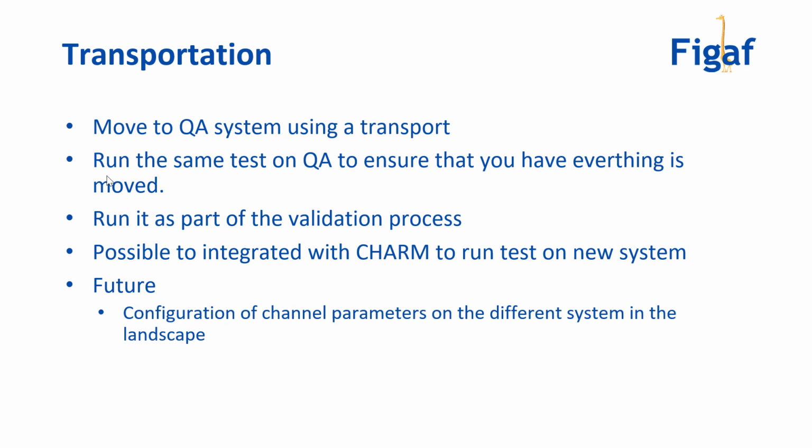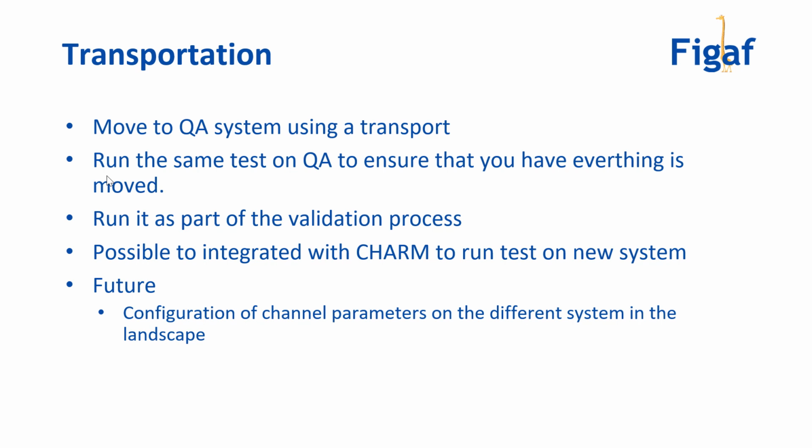Then we talked about being able to transport these things, which is quite important. In SAP, you would use ChaRM or something like that to configure all of the different objects together. Once you have imported it into your test system, you want to be able to say, okay, I have imported this transport, and then say run test on my QA system.